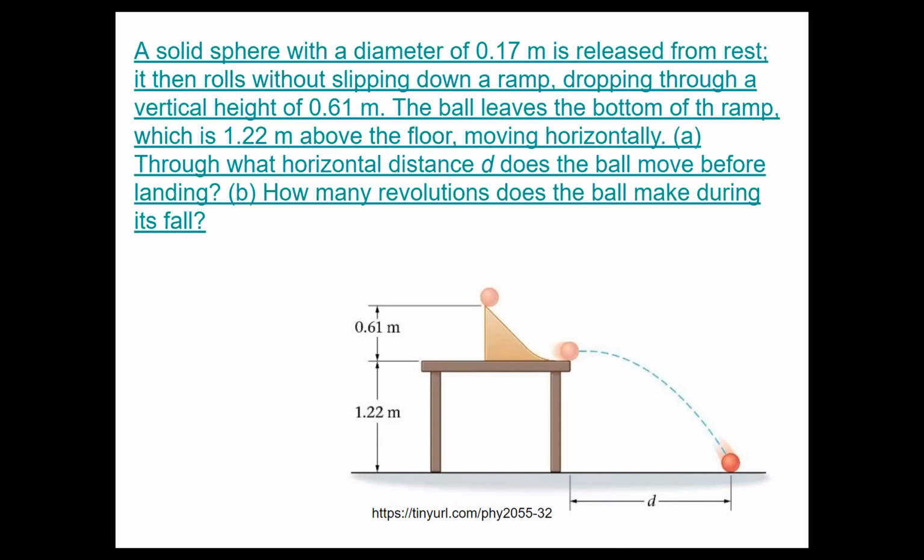So you're going to divide this into two parts. The first part is when the ball rolls down the ramp. You can apply conservation of energy, but this time also include rotational kinetic energy. And then the second part is simply projectile motion. I'll give you a few minutes and then we can take a look at the solution together.